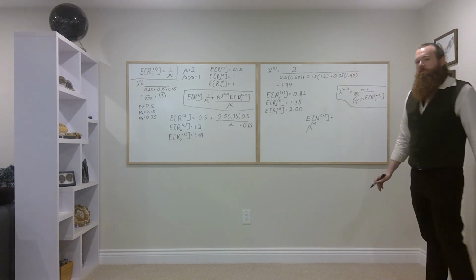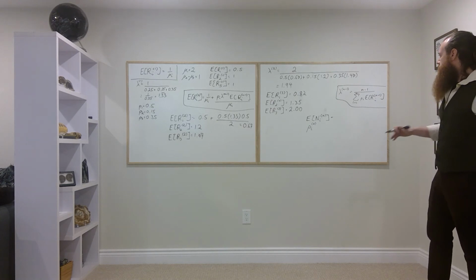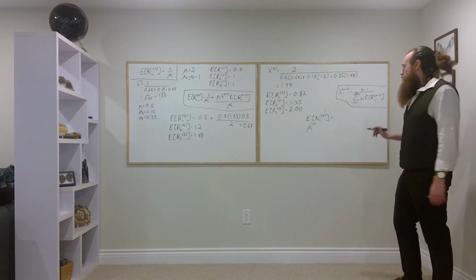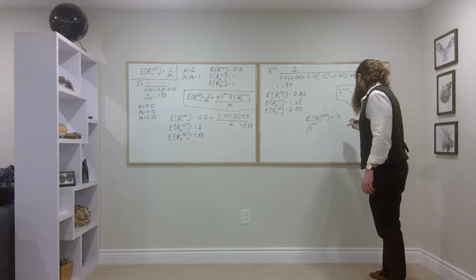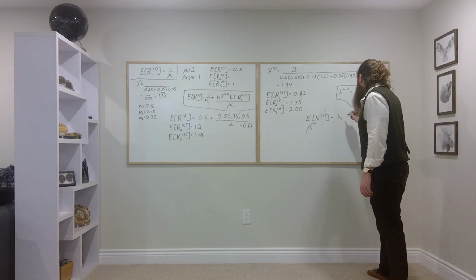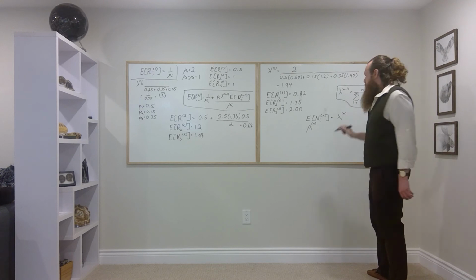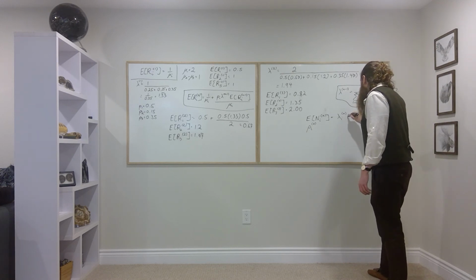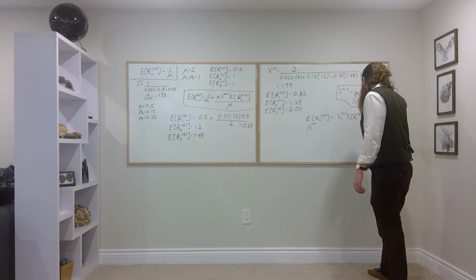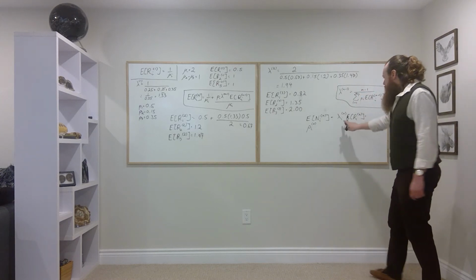Well, this is just an application of Little's law. We actually use this in the derivation of all these terms, but we know that this is just going to equal lambda i, the arrival rate to node i when there's n jobs in the system, times the expected response time of node i when there's n jobs in the system. Well, how do we get this?